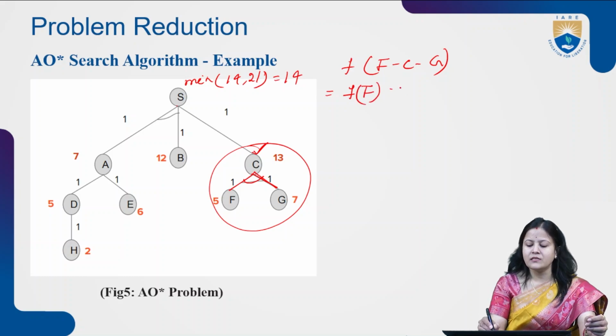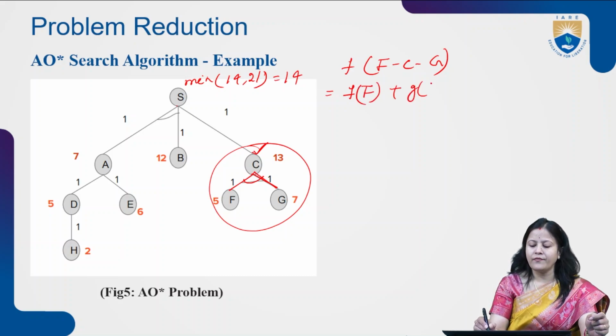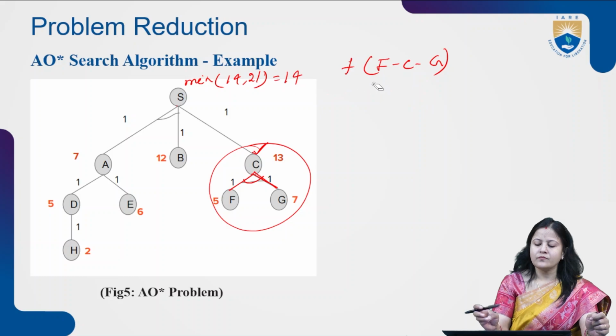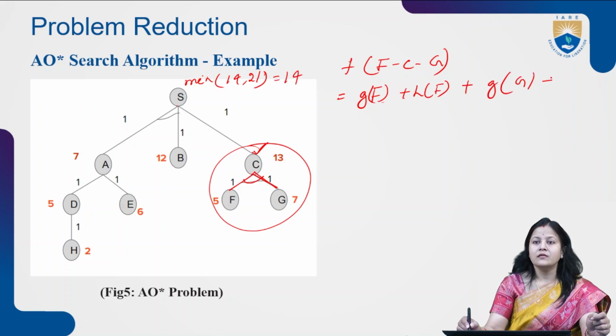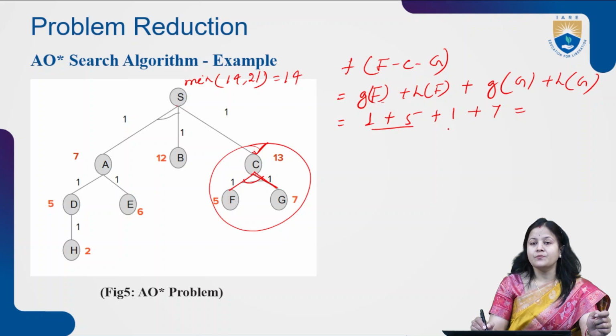F of C equals g of F plus h of F plus g of G plus h of G. Now what is g of F? It is given as 1, h of F is given as 5, g of G is given as 1 and h of G is given as 7. So 5 plus 1 is 6, 6 plus 1 is 7, 7 plus 7 is 14.